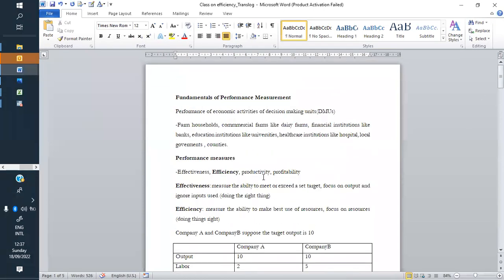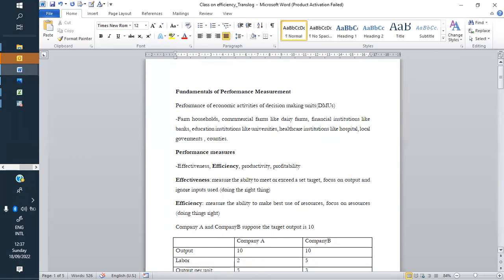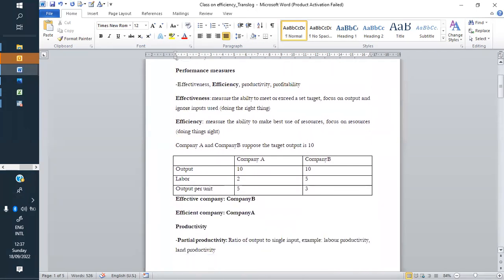We have the difference between efficiency and effectiveness. Effectiveness is just reaching the target, regardless of how we are using inputs. Efficiency takes into account how the inputs are used.